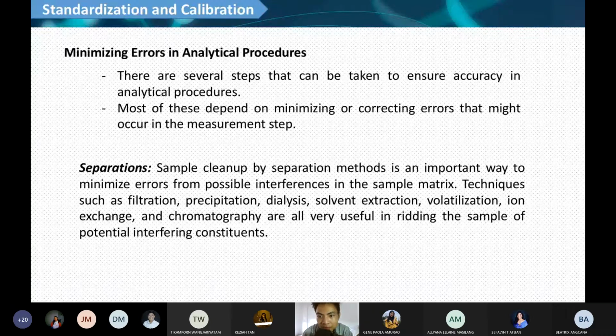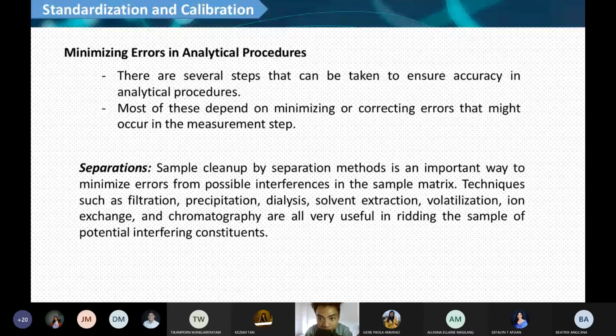You don't want those plastic materials to be sucked up by your instrument, because later on it will be blocked and the instrument will be destroyed. So you don't want those things to happen. For you to minimize errors, there are some methods that can be done.